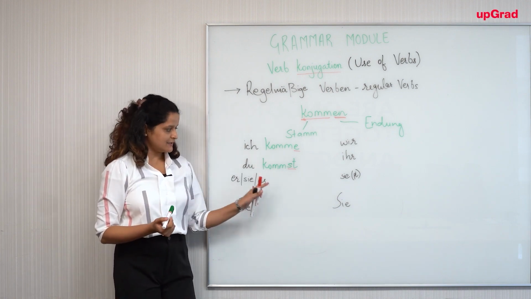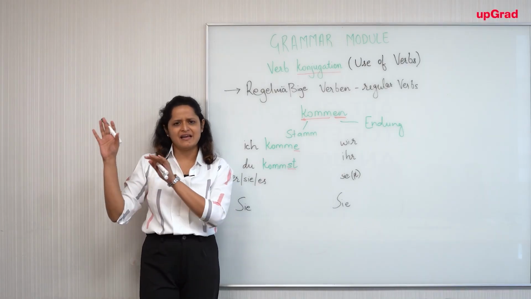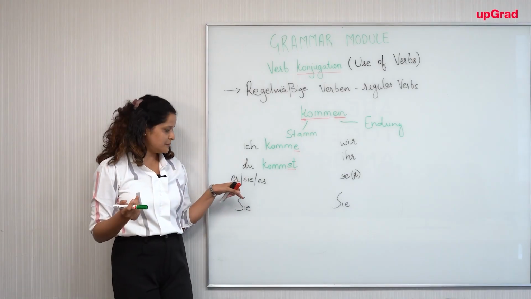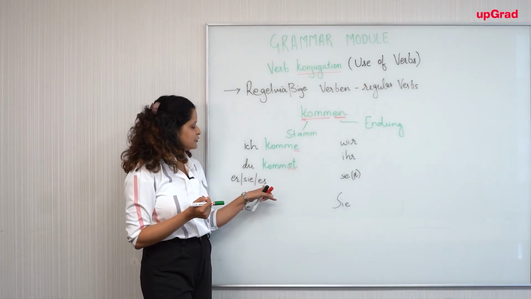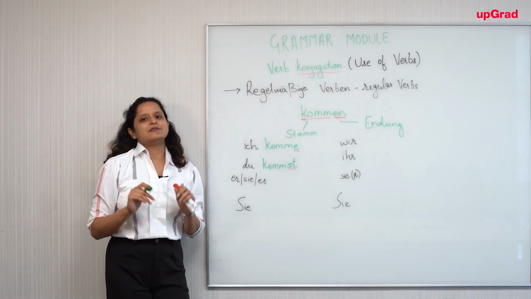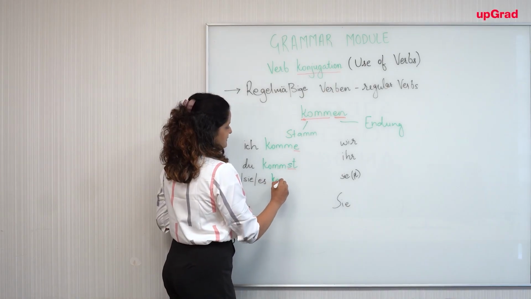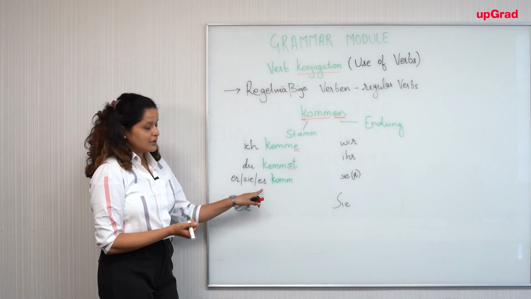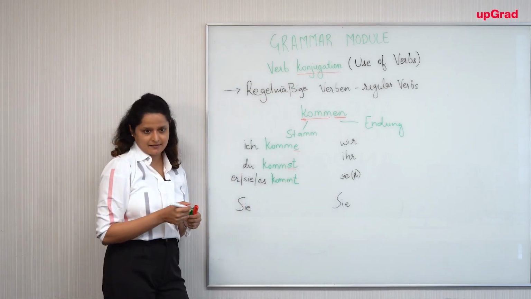Now in the same context, we talk about a third person coming from somewhere. So we have our er, sie or es, either one. It could be third person masculine, third person feminine, or third person neutral. The conjugation of a third person is not affected. The stem remains the same. The ending that we add to our third person is going to be the t ending.